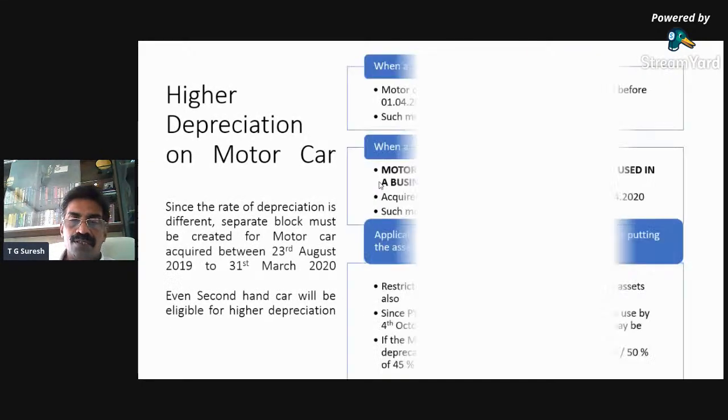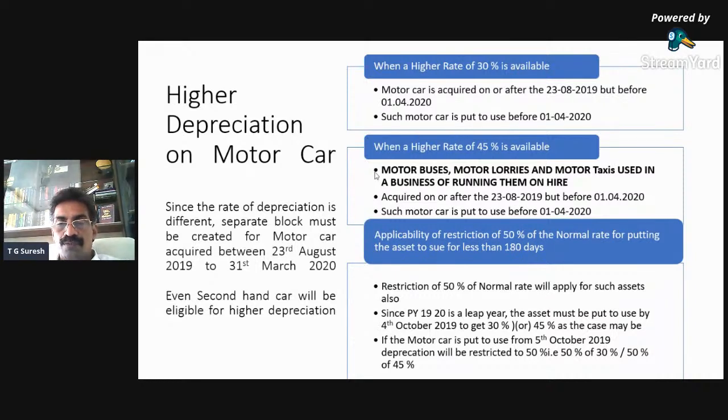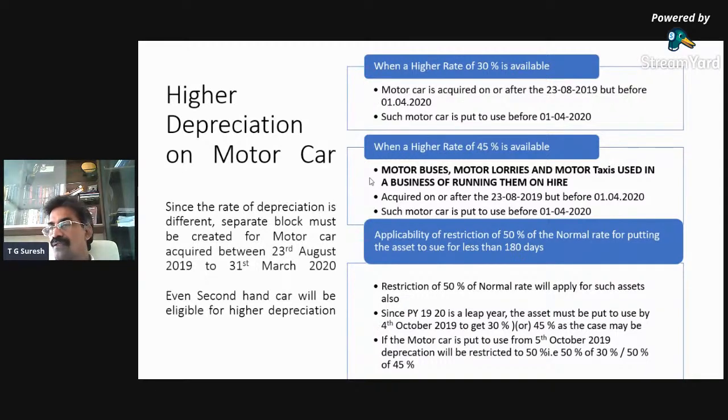It's very, very easy to predict the appearance of this in the examination. There are some points which I have given on the left hand side which you ought to be careful about. Since the rate of depreciation is different, a separate block must be created for cars acquired between 23rd of August and 31st March. And whether a second-hand car is eligible, the answer is yes. The law does not distinguish between the first car or the second car, used car or new car.